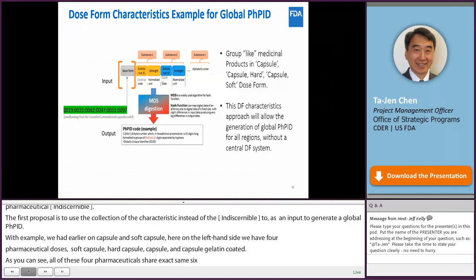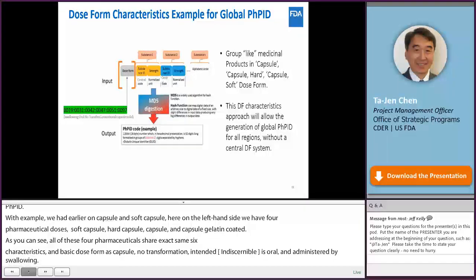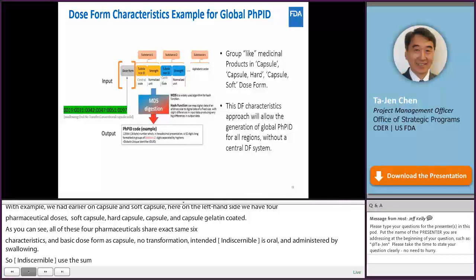So instead of using the pharmaceutical dose form terms to generate 2 incompatible level 4 PhPIDs, we now suggest to use the collection of the codes associated with a characteristic as input to generate global PhPID, which would then allow us to connect products in soft capsule, capsule, hard capsule, and gelatin-coated capsule together.